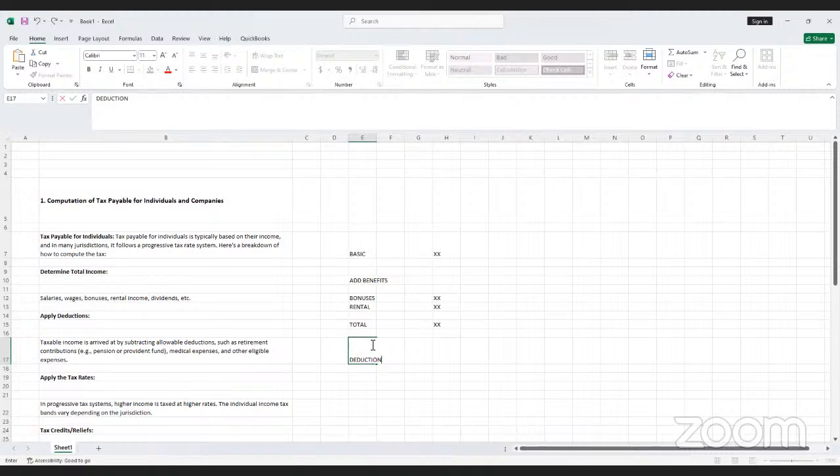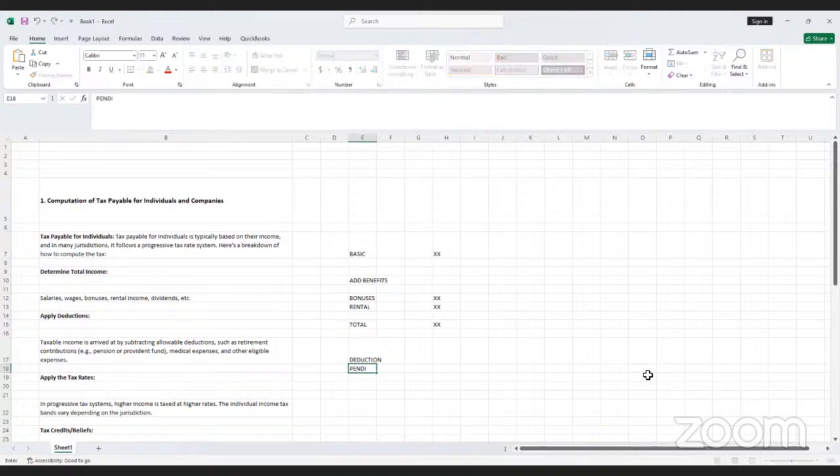For deductions, we talk of a pension. If you are contributing any money to the pension scheme, that qualifies as a deduction.